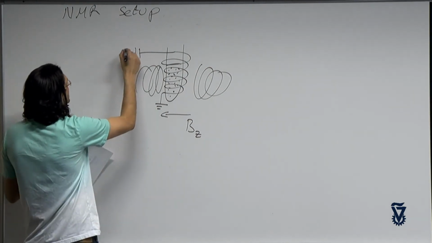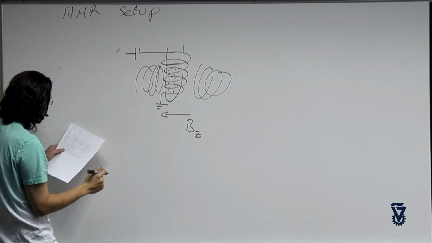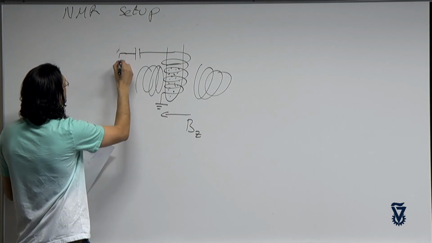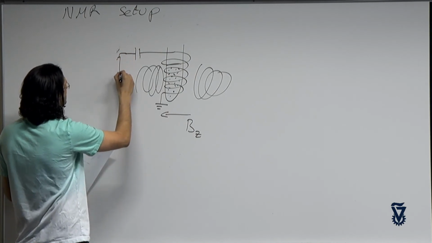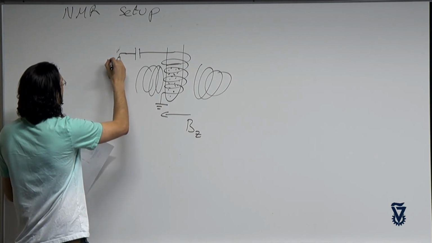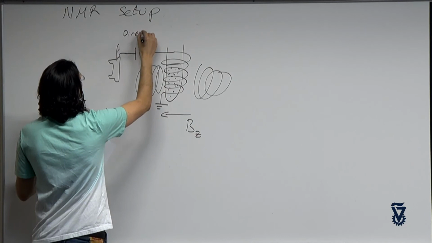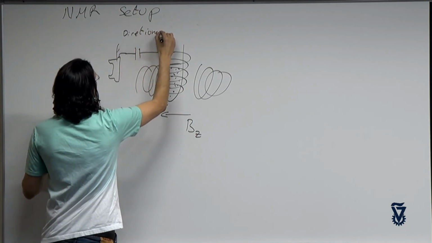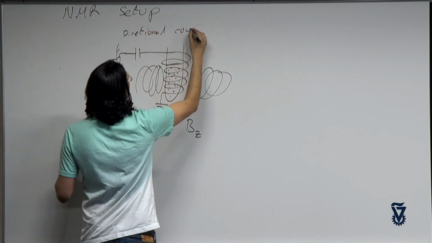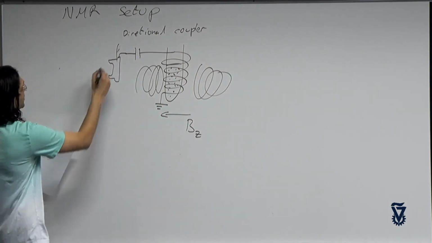And the setup looks like this. I'm going to draw it, and then I'll explain what it looks like. So what I'm drawing here is a directional coupler. You will understand soon what its role is.